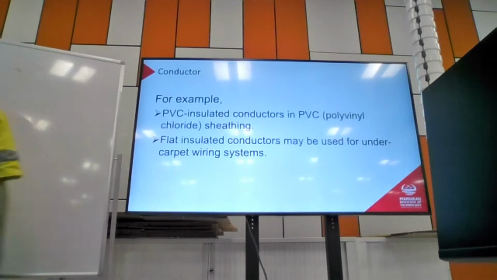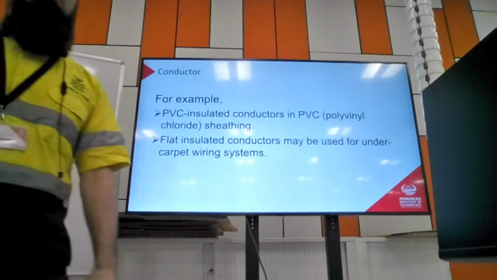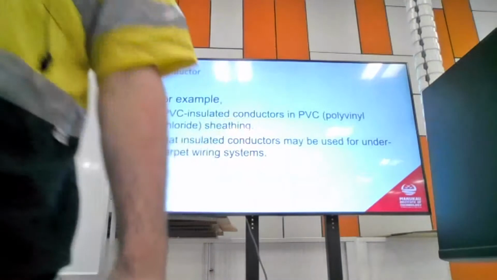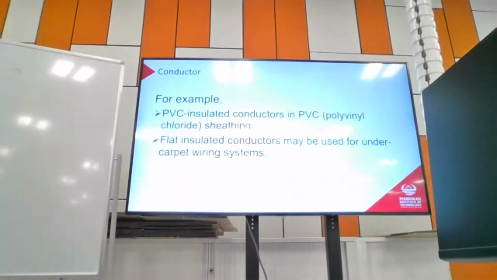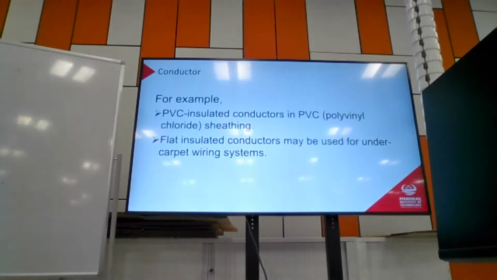A flat insulated conductor may be used for undercarpet wiring in systems. I'm not really sure why that particular point, although it's true, is brought up there. Actually, I think this is talking about a conductor run under carpet, like actual wiring run under carpet. Okay, I guess it's true.